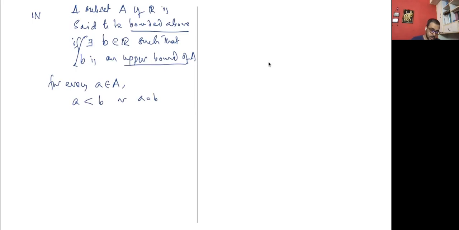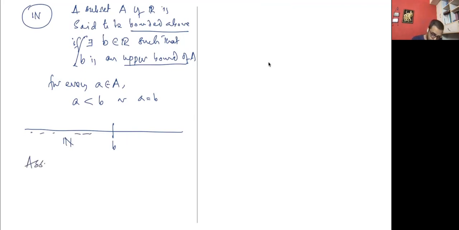Okay, now is it possible that this set that we have defined is bounded above? So what happens if it is bounded above? Let's say B is an upper bound and N consists of elements here.